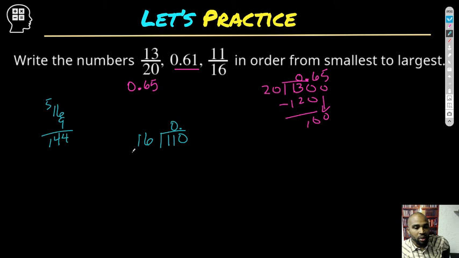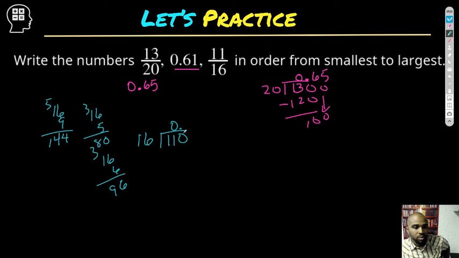So let's try 5. I'm going to try 5 and see if that works. So that's 80. If we add 16 to 80, we'll be able to get that in there, I think. 6 times 6 is 36. That's 96.